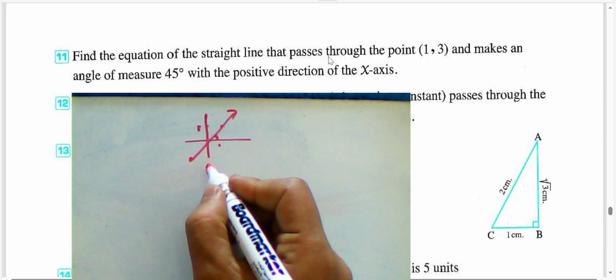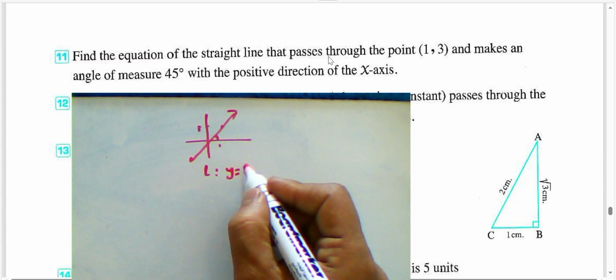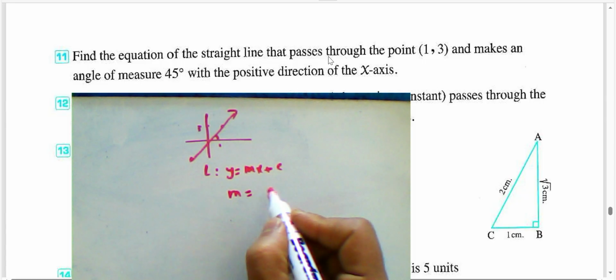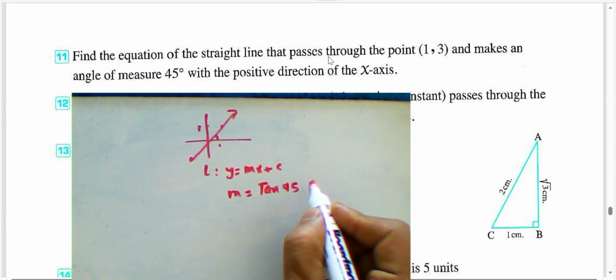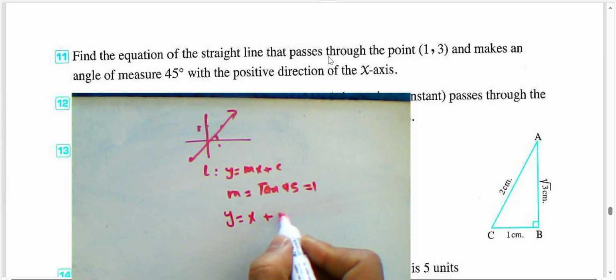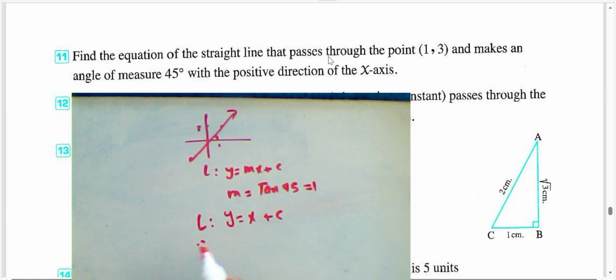Okay, we can find the equation of L such that y equals mx plus a constant. The slope will be tan theta, tan 45 equals 1. Then the equation is y equals x plus a constant.